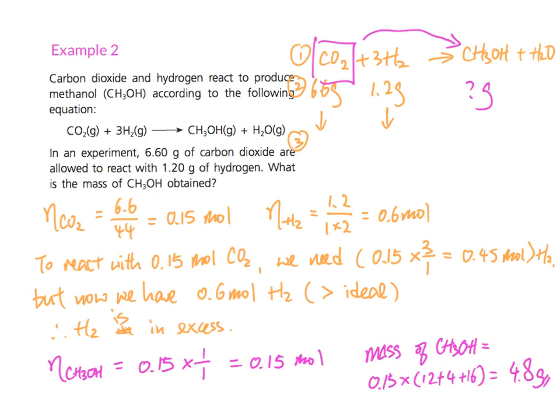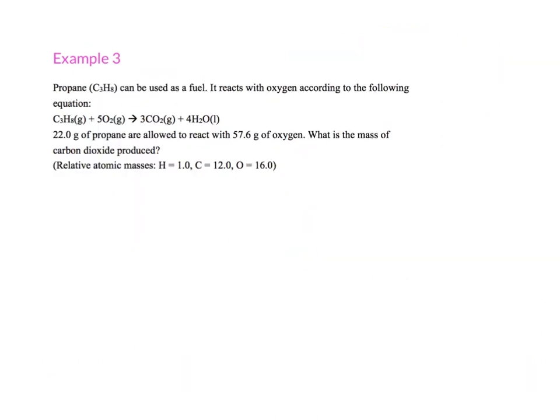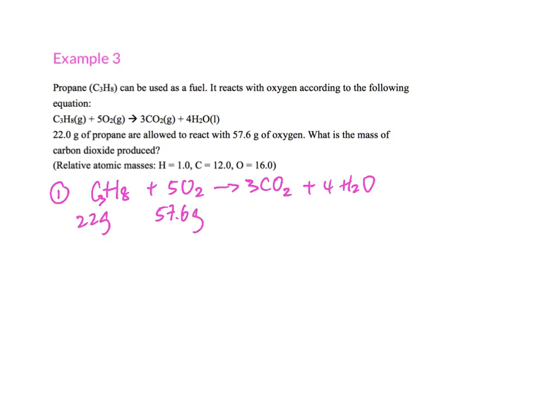Okay, next. Step 1, you write down the equation first. Step 2, you write down the corresponding data. So you have 57.6 gram, you have 22 gram, and you're looking for the carbon dioxide formed. Step 3, you count the number of moles of each reactant.